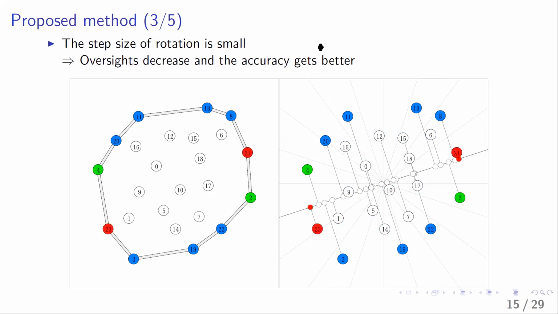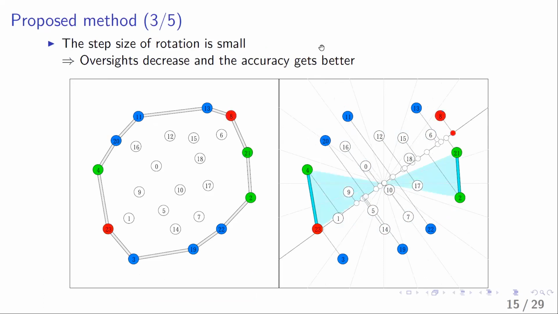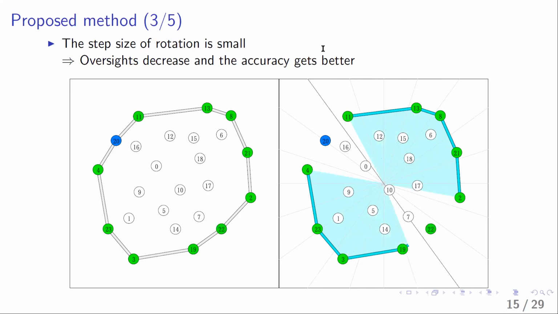On the other hand, if the step size of the rotation is small, oversights of the convex hull vertices decrease. Therefore, the accuracy gets better. In the figure, there are no oversights, and the approximated convex hull matches the exact convex hull.